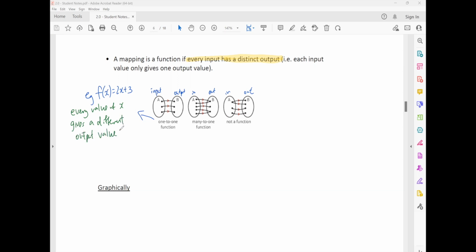There is no case where two inputs will get the same output. So each of them has a different output, depending on what you put in there.